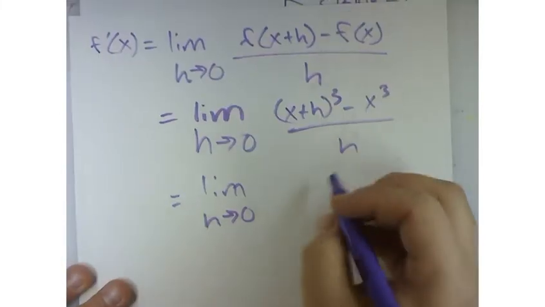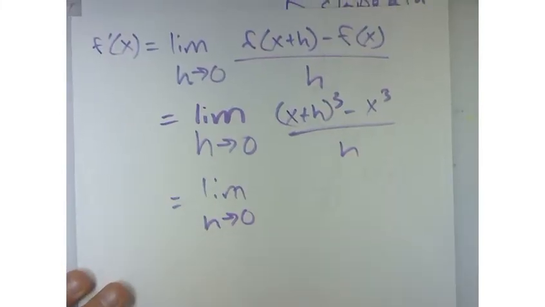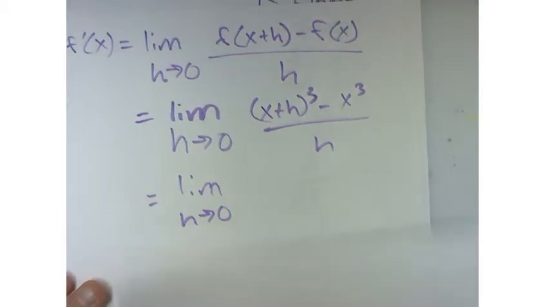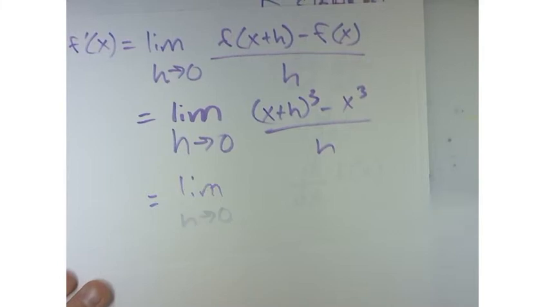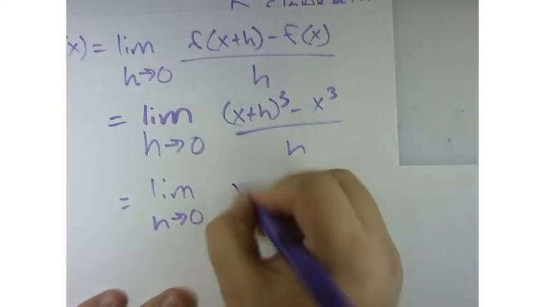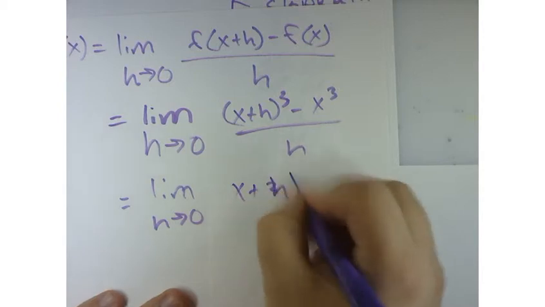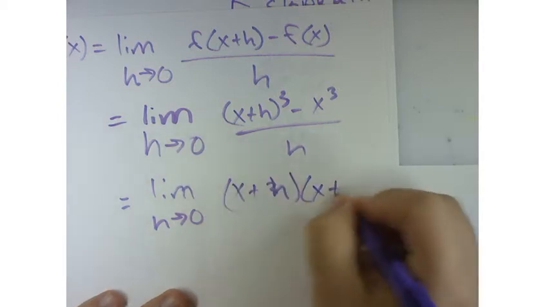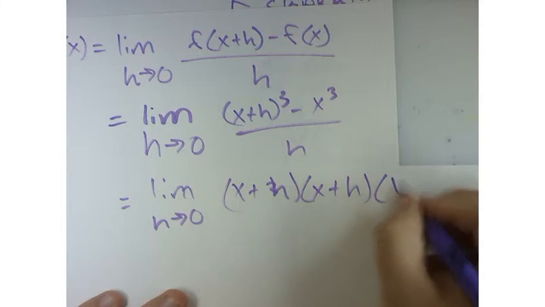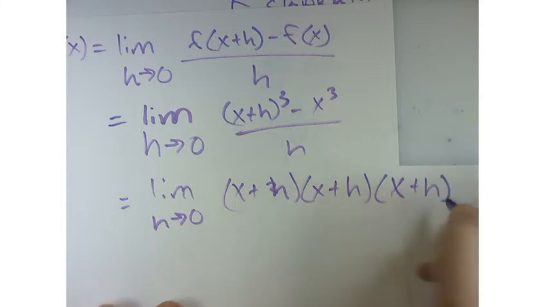Expand this. Oh, wait a minute. I don't like that. That's a lot of work. So we got x plus h cubed. That means I'm going to have to find, and let's write this out, x plus h times x plus h times x plus h. Yep. All right.